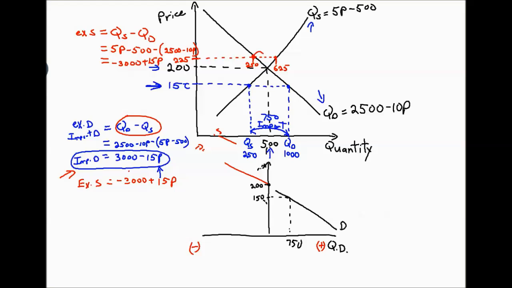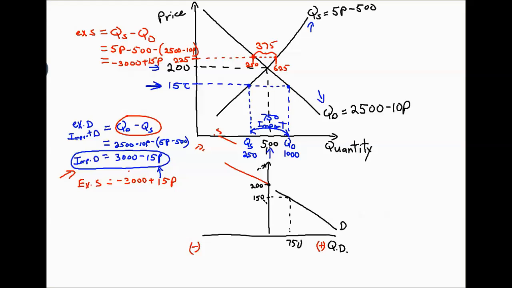So we would export the difference, 625 minus 225, that's 500, isn't it? Oh, I'm sorry. I got 375. Let me make sure I didn't screw up. 625 minus 250. Yeah, 375. It should be. Okay, so that's how you do it from the original supply and demand equations.